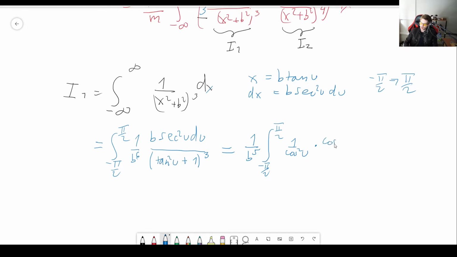So we multiply by cosine to the 6th u. Okay? Because again, tangent squared of u plus 1 is simply 1 over cosine squared. And we need to elevate this to the 3rd power. And then we flip it, right? It's 1 over cosine, and we're dividing by 1 over cosine. So we get, right? It goes up. Okay, so in the end, this is going to be cosine to the 4th power.